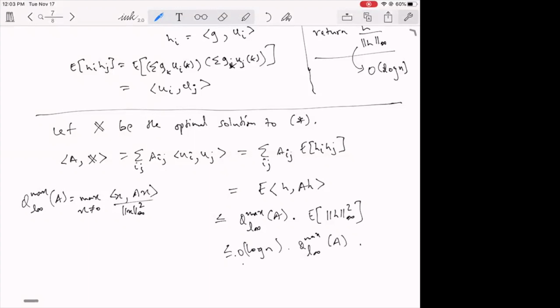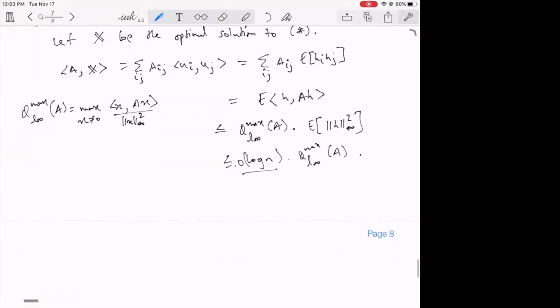Now the reason for this order log n is the following. So we have n Gaussians, H_1 through H_n, possibly correlated. It doesn't matter because we're only going to apply union bound. Each guy has the distribution of a Gaussian, so it has tail e to the negative t squared. So the probability of any H_i being greater than square root log n times an appropriately large constant is at most 1 over n to the constant.